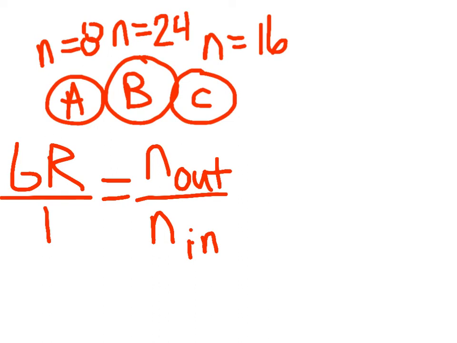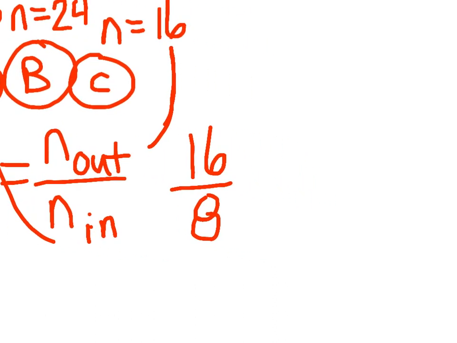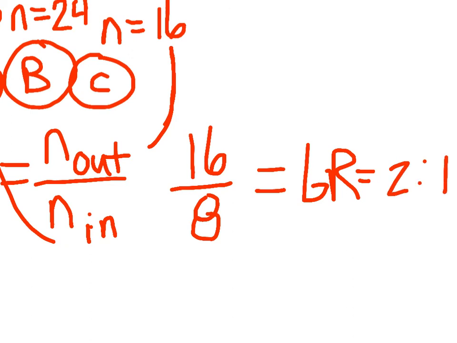What we'd run into there is the output. We know that that is 16, and the input is over here, and that's 8. So we would simply have 16 over 8. So in this particular configuration, we would know that the gear ratio is a 2 to 1, and it's going to be a number compared to 1.